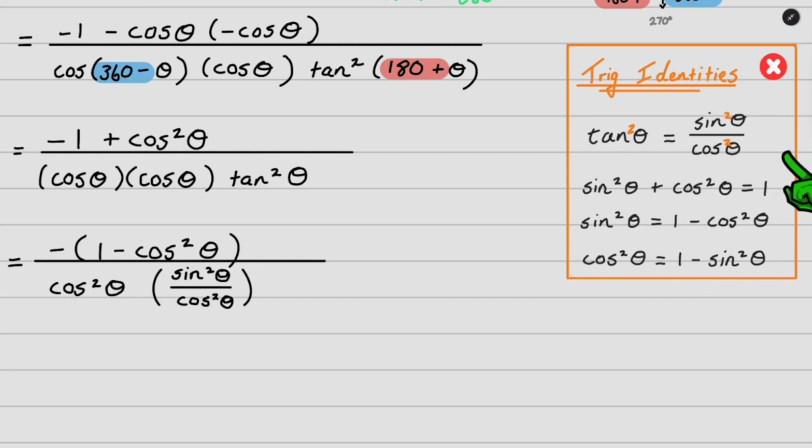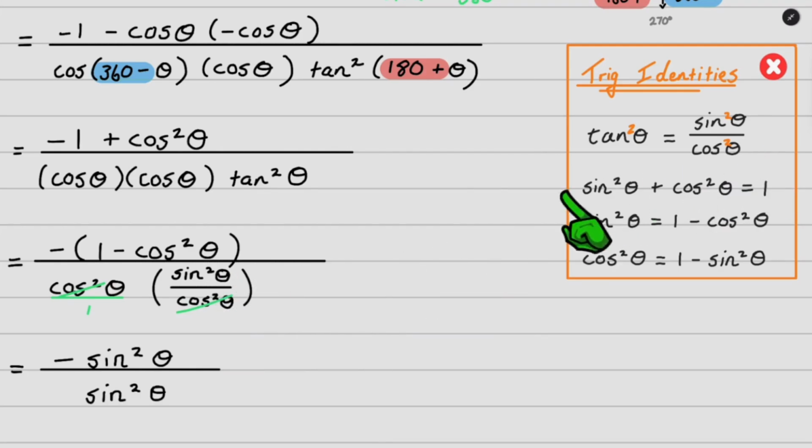The minus just stays in front. And then at the bottom I'm multiplying these two. So I'm going to change this into a fraction, cos squared theta over 1. And then the cos squareds will cancel over here. So at the bottom I'm just left with sine squared theta. And then the sine squared thetas cancel. And I'm just left with -1 as my final answer.